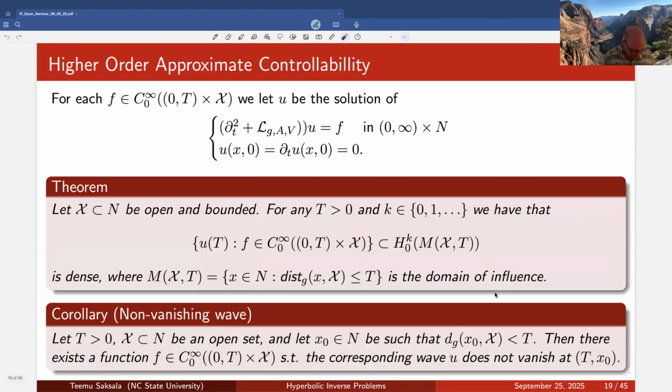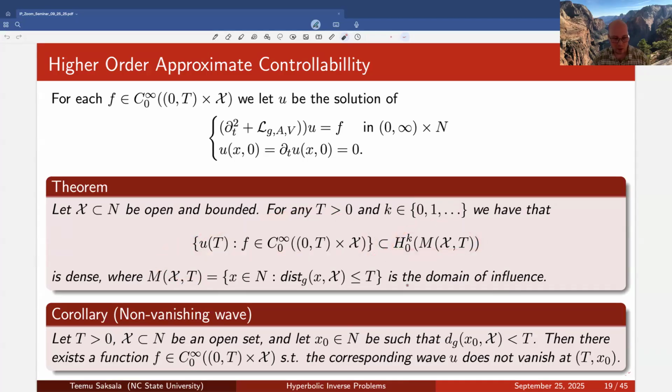So what can we get from this unique continuation? We can obtain a higher order approximate controllability result, which can be stated as follows. Think about some Sobolev space H^k, and look at the domain of influence at time t, expanded from my set X. By finite speed of propagation, all of my waves need to live in this set.